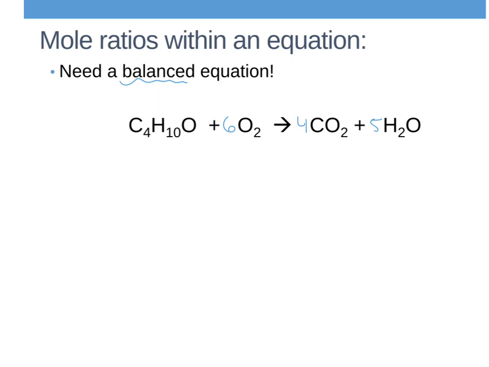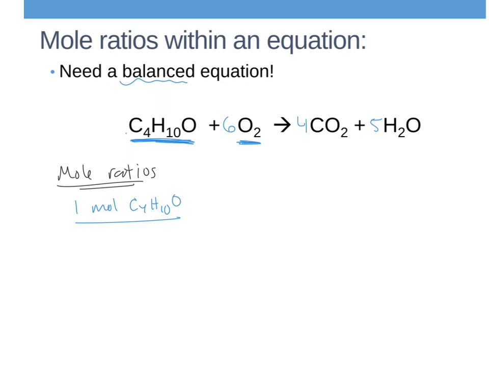And I can do the same thing. I could take the first compound, C4H10O, and come up with a bunch of mole ratios within that one compound. But what I'm saying is I can look at this compound and ask: if I have one of those, how many oxygens do I need? So I can come up with a whole bunch more mole ratios. For every 1 mole of C4H10O, I need 6 moles of O2, because that's what the coefficients are telling us.